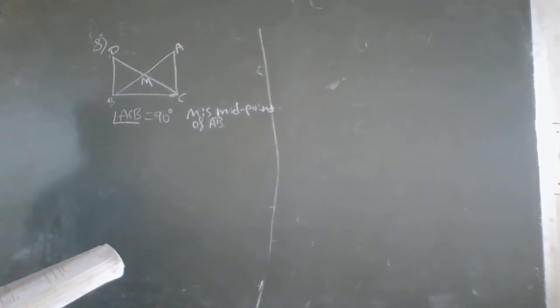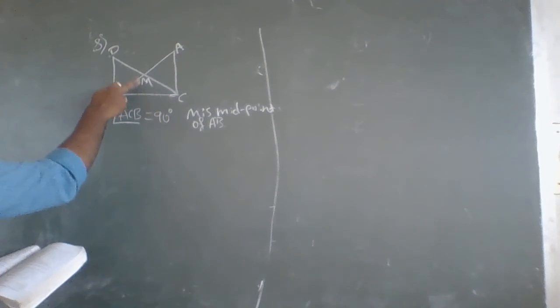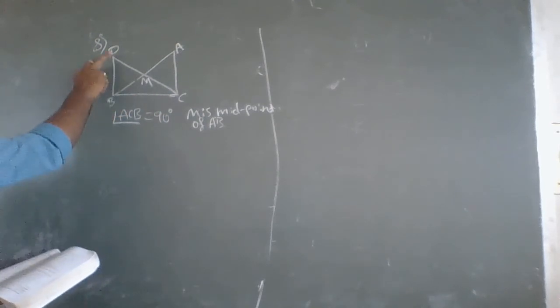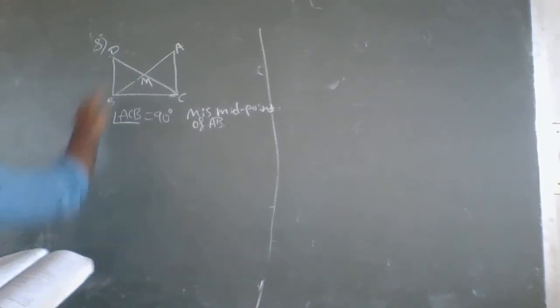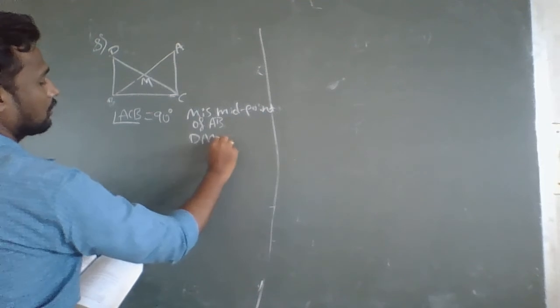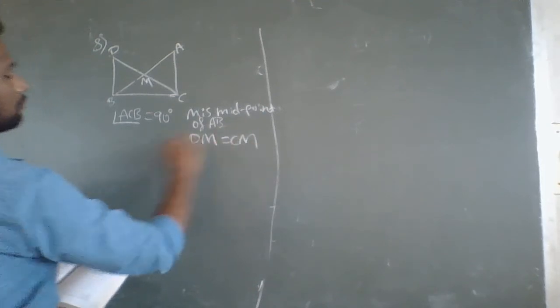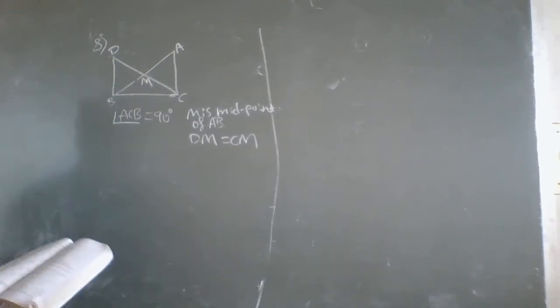C is joined to M and produced to a point D such that DM is equal to CM. They are given that DM is equal to CM, meaning M is the midpoint of CD also.